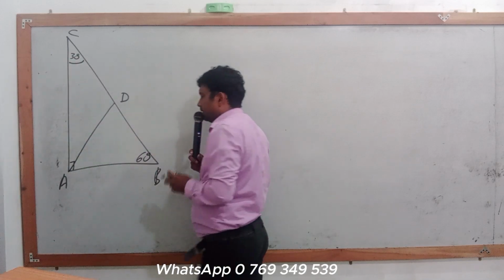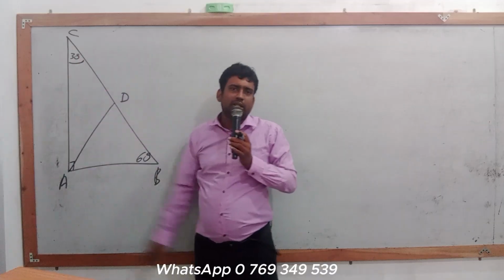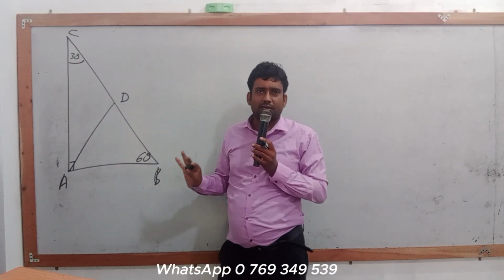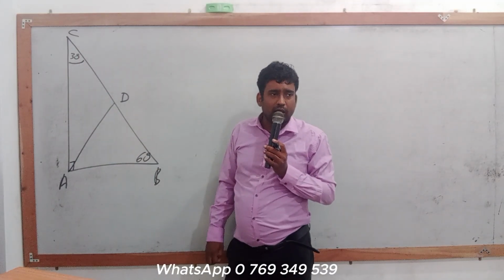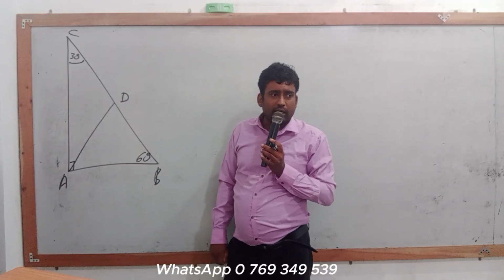This is not given, but here is 60, so I'm putting 30 here. You also practice that one. CAB is 90.